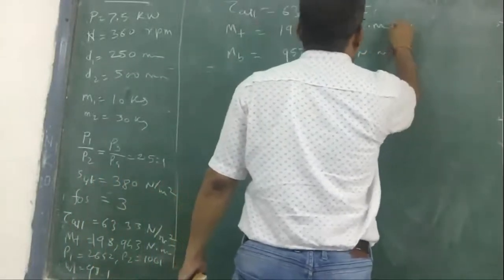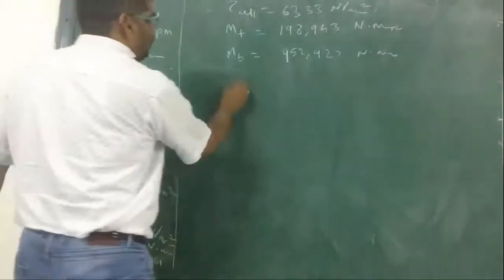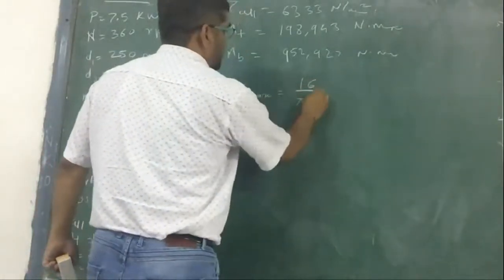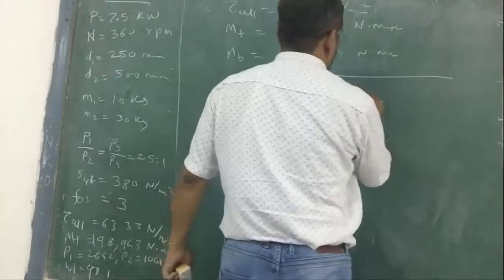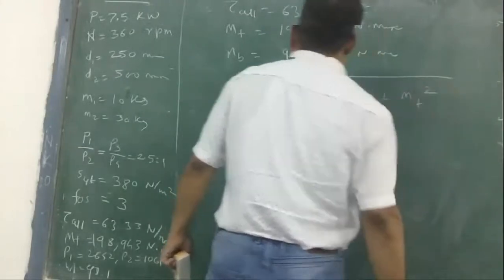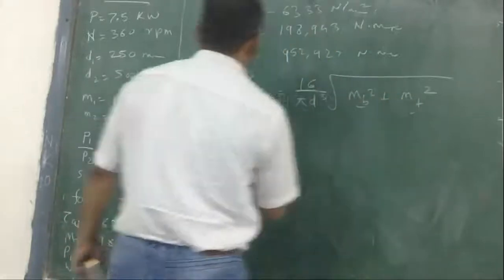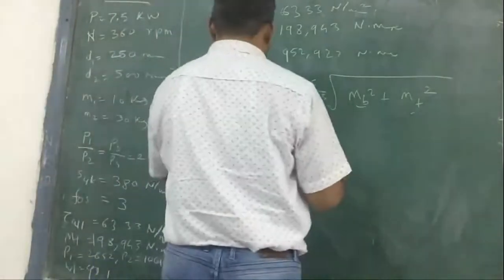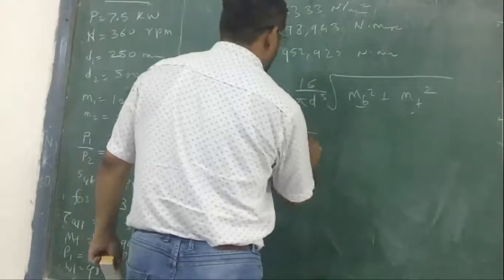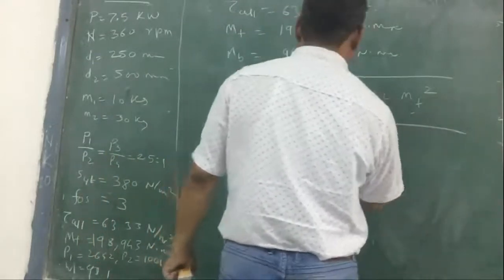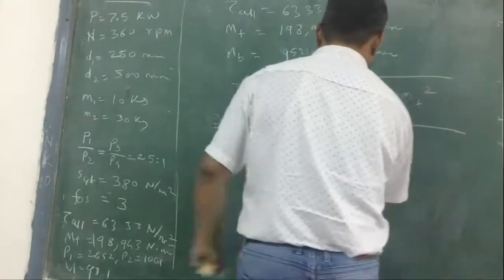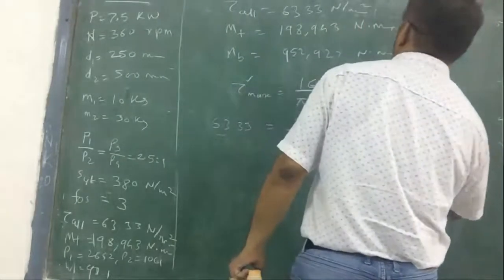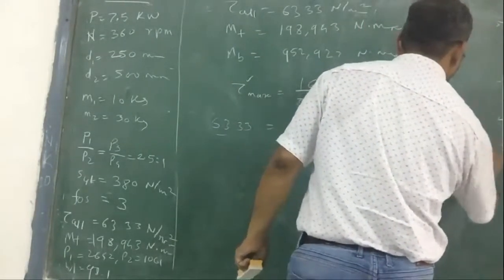So now we know all this, and the equation is: tau max is equal to 16 upon pi d cube times the square root of Mb square plus Mt square. So we can find this out. Let's put it here: 63.33 is equal to 16 upon pi d cube times the square root of 952,927 square plus 198,943 square.